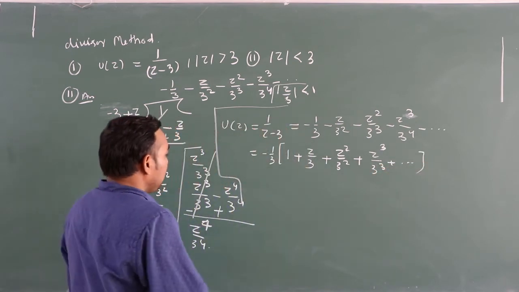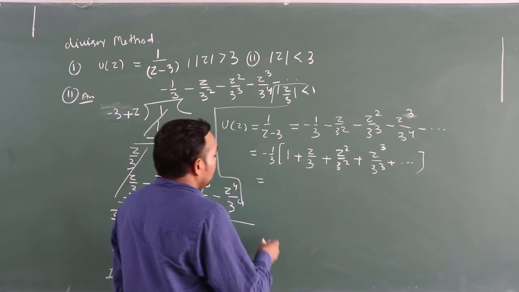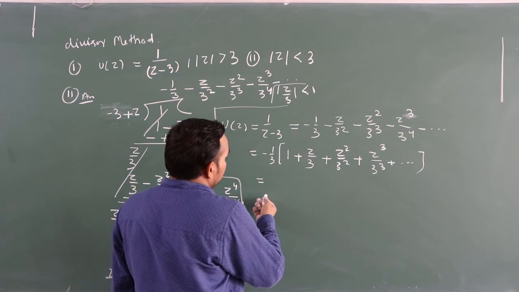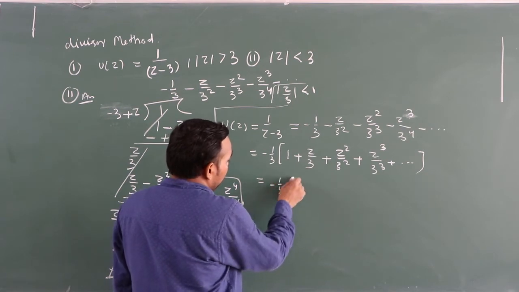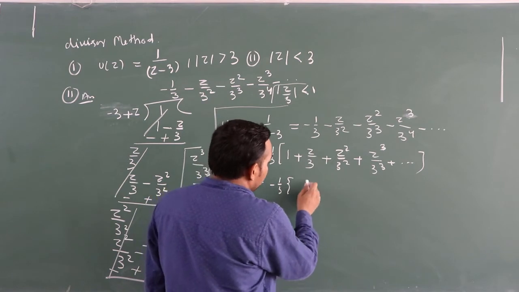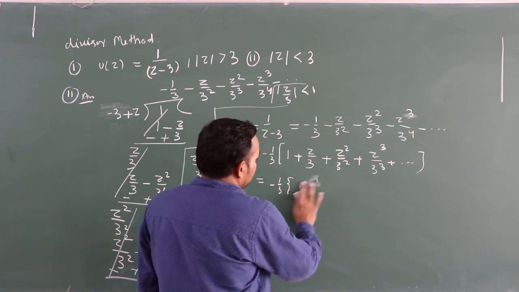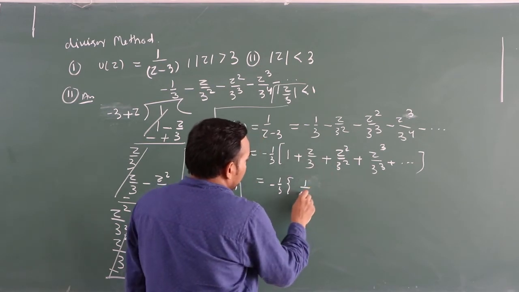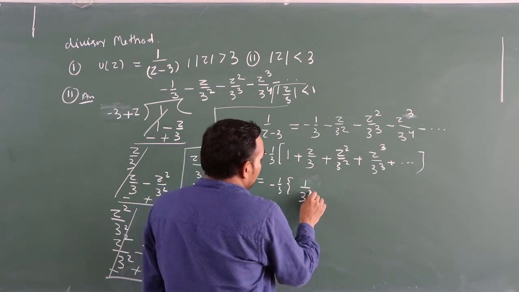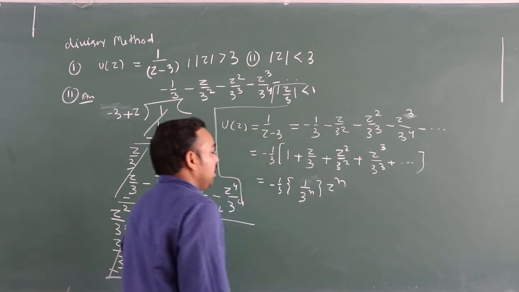Or in terms of a sequence, we simply write here 1 upon 3 to the power n into z to the power n.